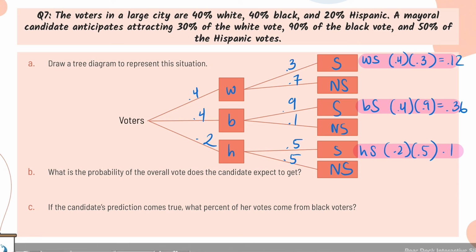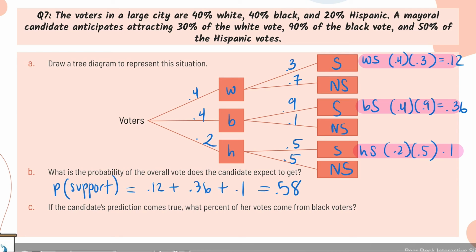So these are all the values, therefore the probability of gaining support is equal to 0.12 plus 0.36 plus 0.1. And then if I were to add this all up, I should get 0.58.